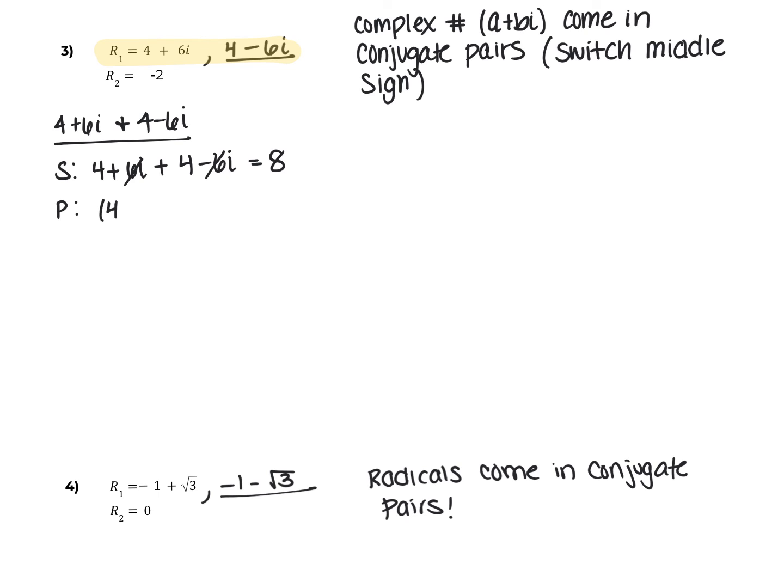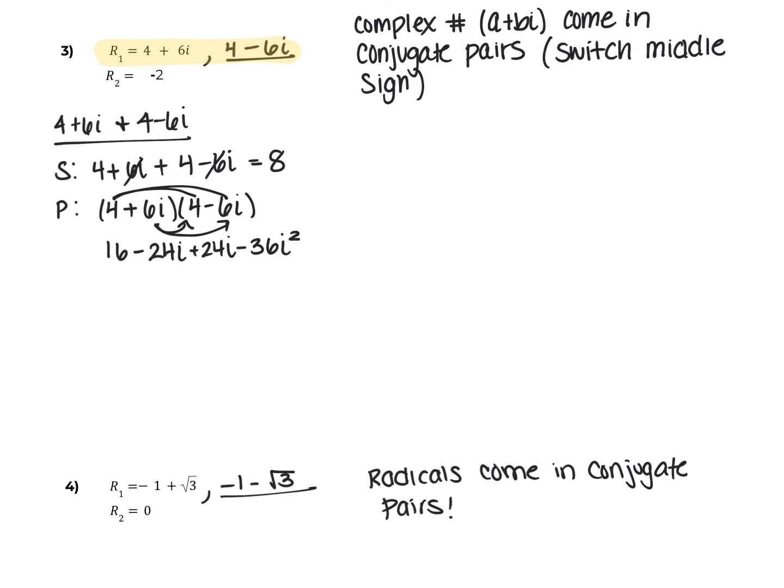Product means to multiply. So 4 plus 6i times 4 minus 6i. So you're going to need to do some double distributing. So 4 times 4 gives you 16. 4 times negative 6i is negative 24i. 6i times 4, positive 24i. 6i times negative 6i is negative 36i squared.